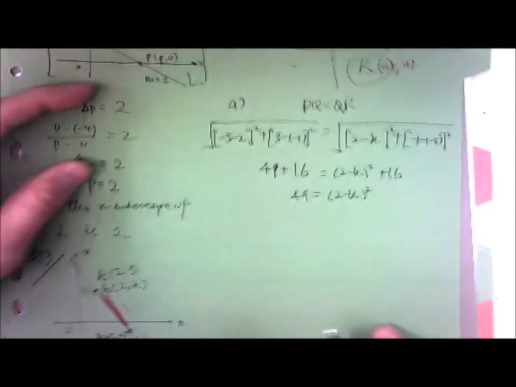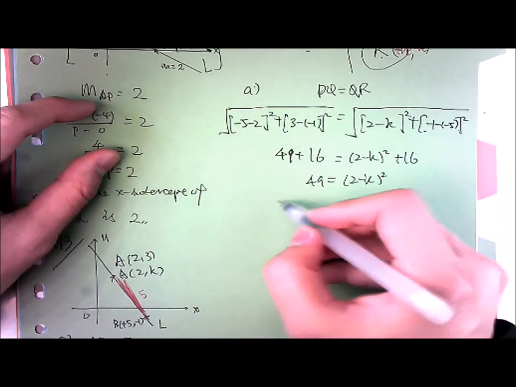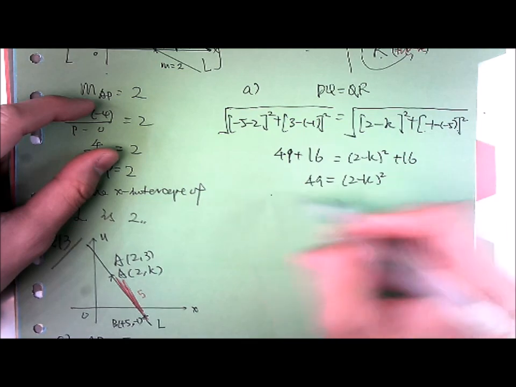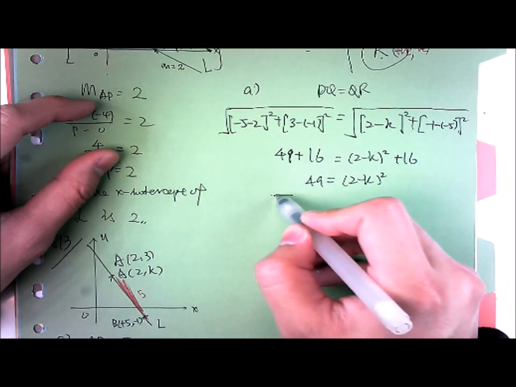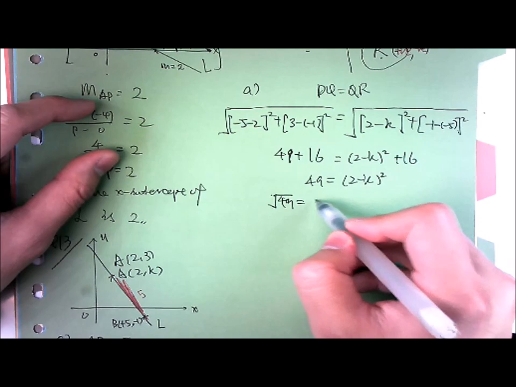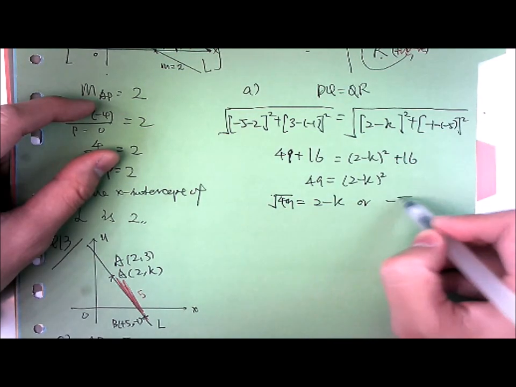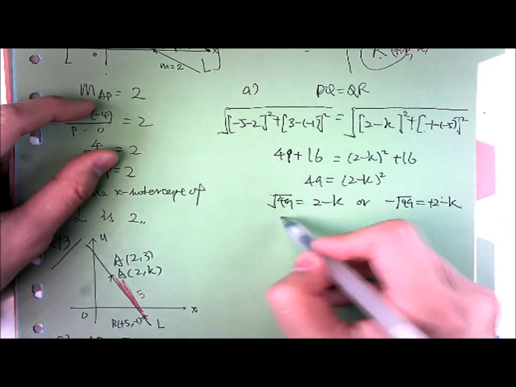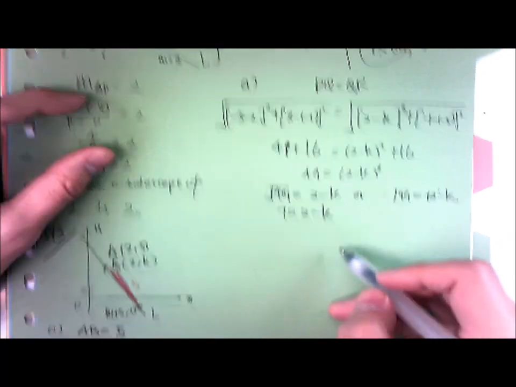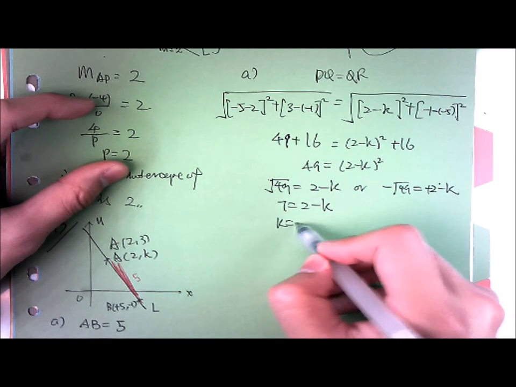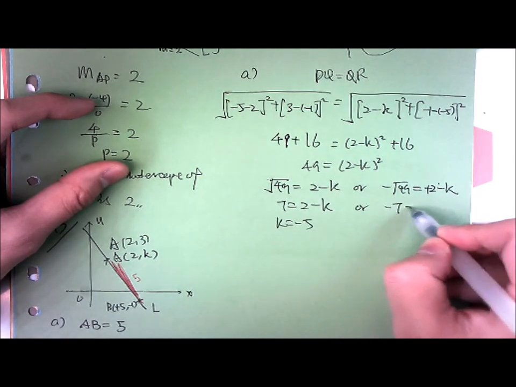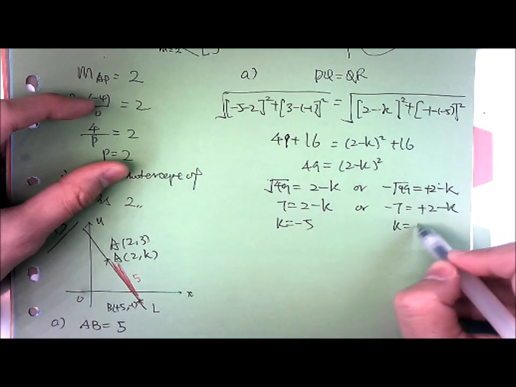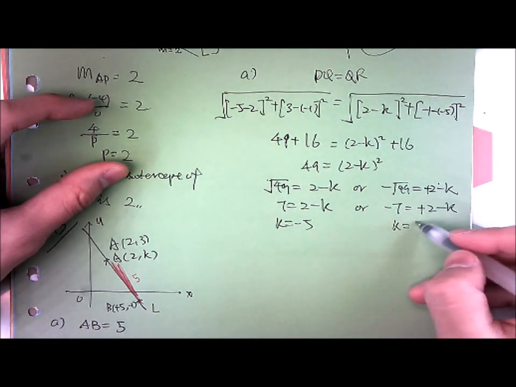So how to calculate? You have to calculate the square root, 7, right? Or negative. This is 7, so you calculate k to be negative 5, or this is minus 7, you calculate k to be 9.